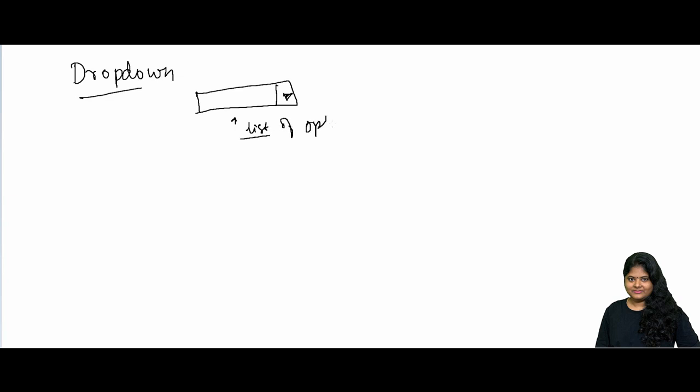Drop down. Drop down means there will be a box with an arrow. So here there will be a list of options, right?